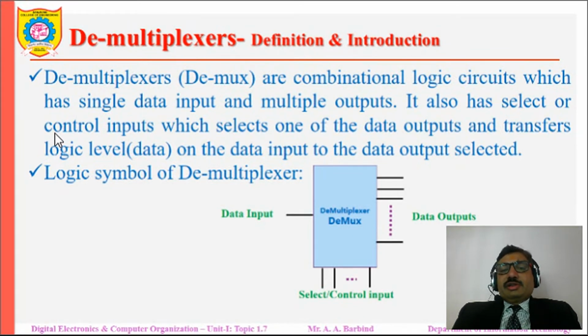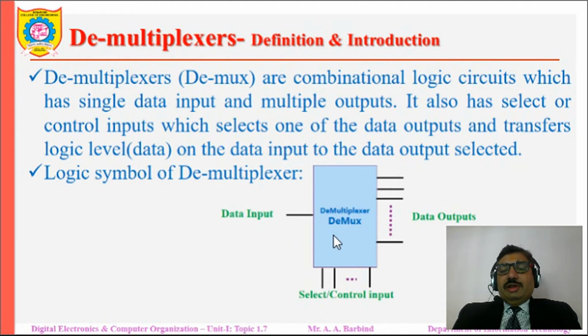It also has select or control inputs which select one of the data outputs and transfer the logic level or the data on the data input to the data output selected. The logic symbol of demultiplexer is shown in this particular diagram.